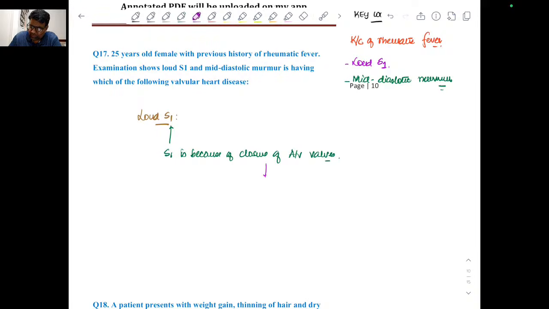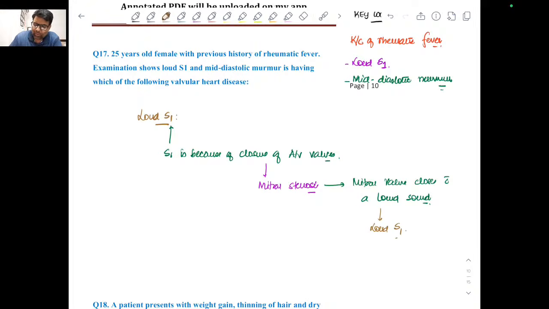And in cases of mitral stenosis, the mitral valve closes with a loud sound, and therefore a loud S1. So that's an important clue here. Loud S1 means mitral stenosis. Although the valve is getting stenosed, it still produces a sound while closing.